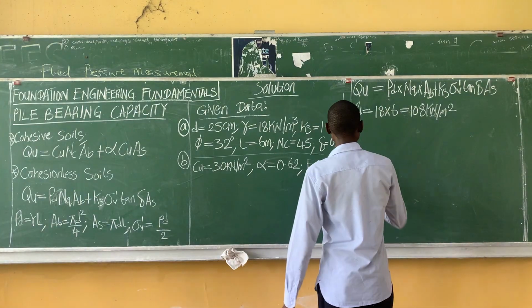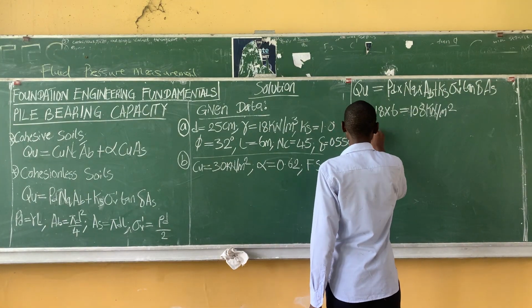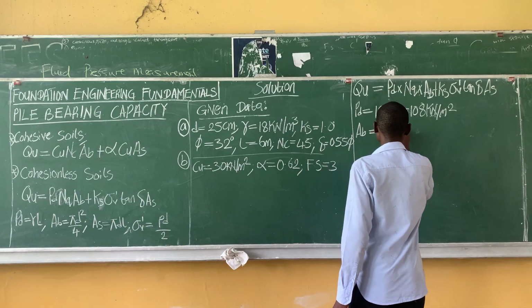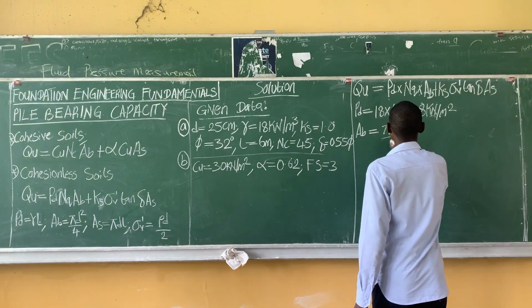The next thing we have to find is our area at base, which is given as pi d squared over 4.